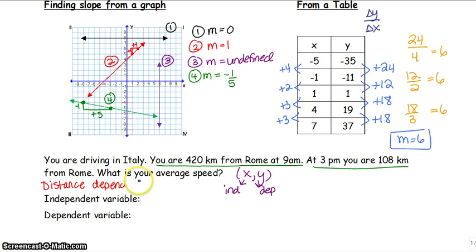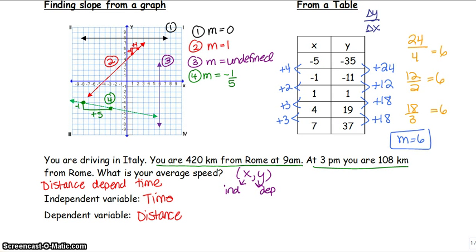You wouldn't say that the time is going to depend on how far you've driven. How far you've driven is going to depend on how long you've been driving. So distance depends on time, therefore distance is the dependent and time is the independent.